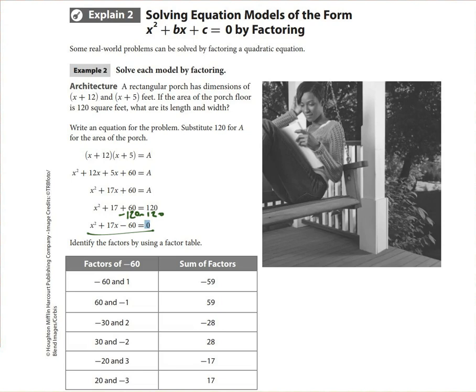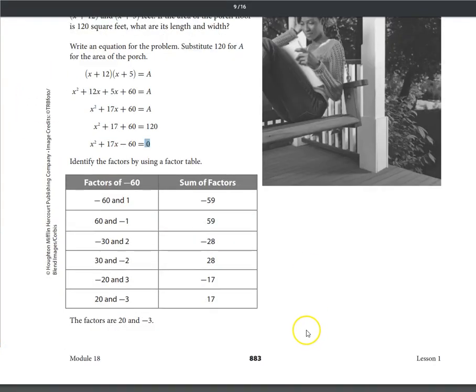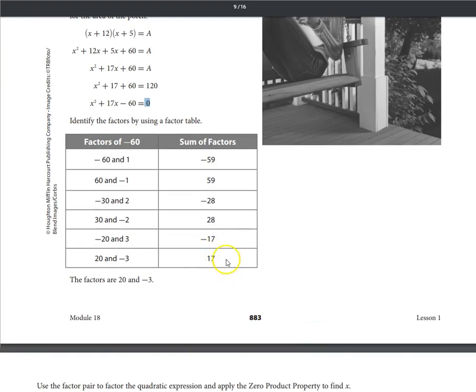And then at this point, we need two numbers that multiply to negative 20 and add to 17. Hmm, let me restate that: those two numbers would be, in this case, a positive 20 and a negative 3. Okay, and so we would determine that those are the two numbers there.